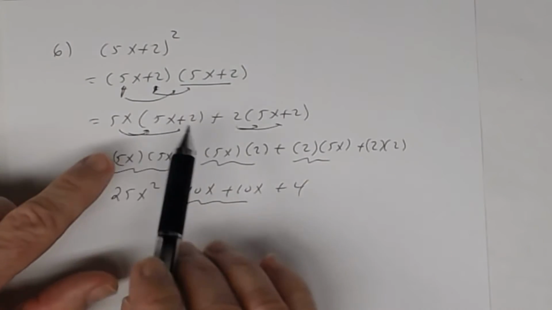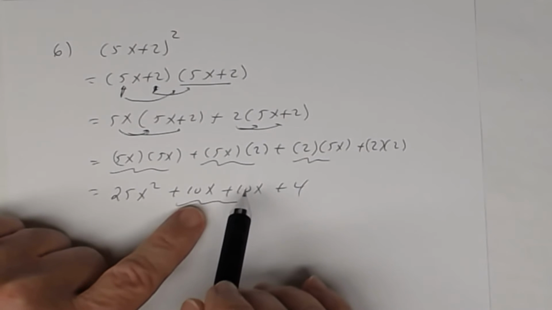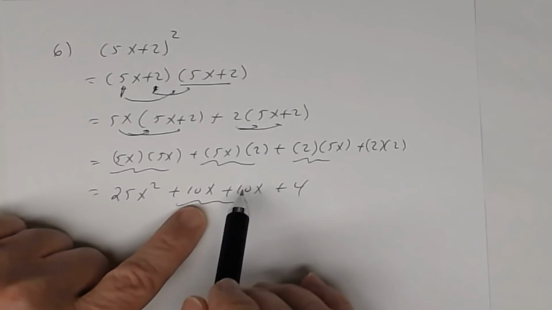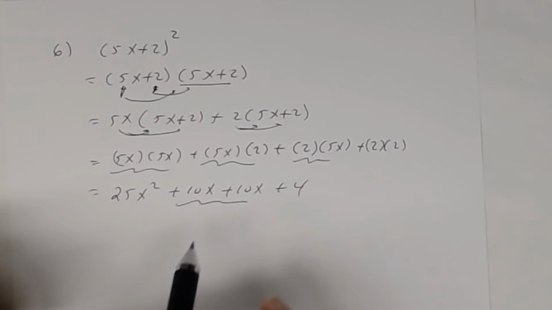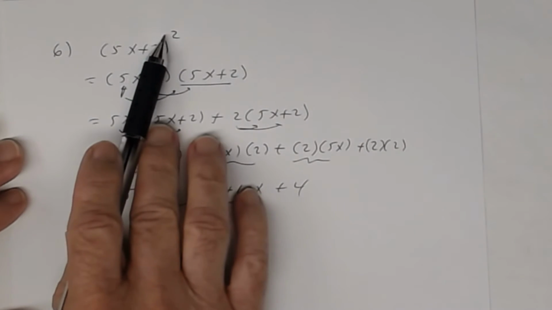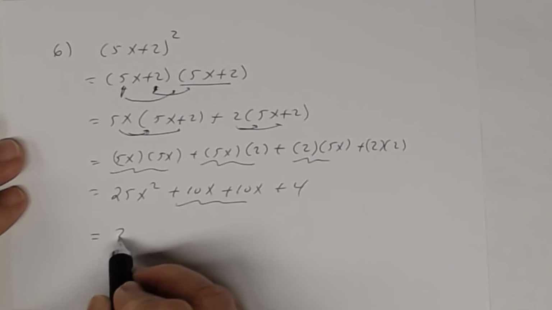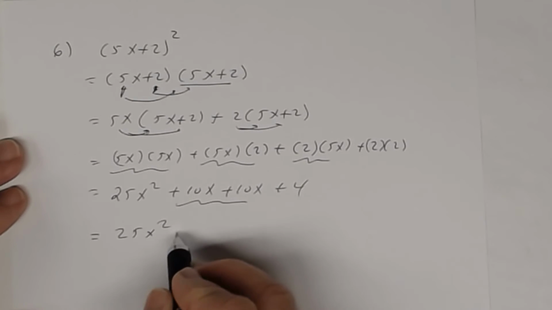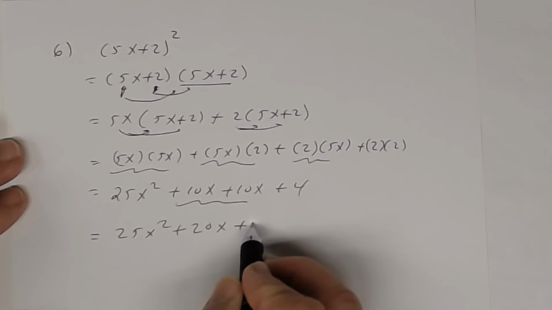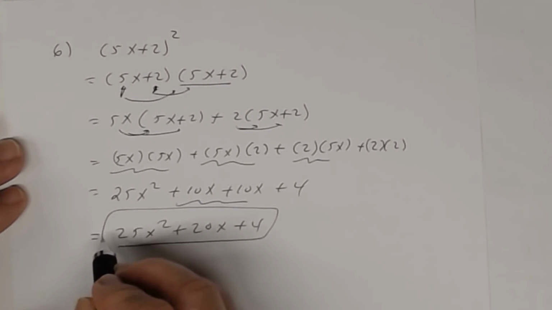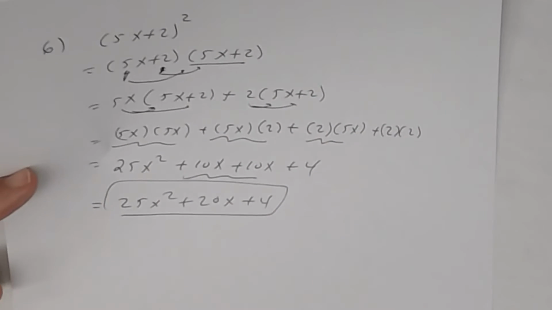So when you get to this point, the outer and the inner should be the same term, 10x, 10x. And that only applies if you're squaring a binomial. All right, so combining like terms, I get 25x squared, 10x plus 10x is 20x plus 4. And there's your answer. And I wrote it in descending order.